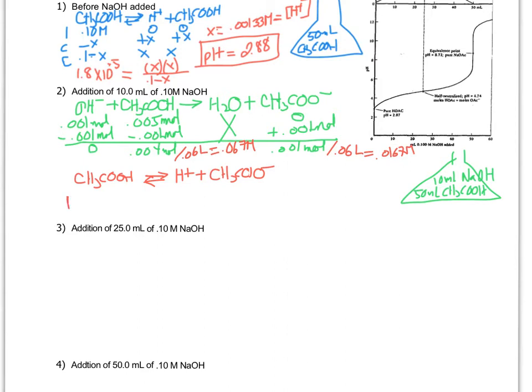So I'll use my Henderson-Hasselbalch. If you remember, pH is equal to the pKa plus log of the conjugate base concentration over the acid concentration.